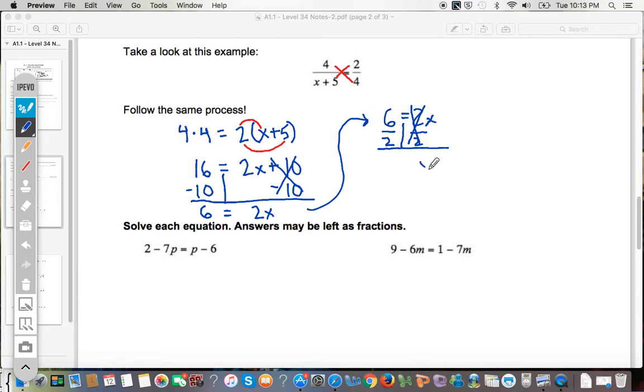So I'm left with x equals 6 divided by 2, which is 3. And keep in mind, if we were unsure of this answer, we could take this 3 and plug it right back into our original equation. Great.